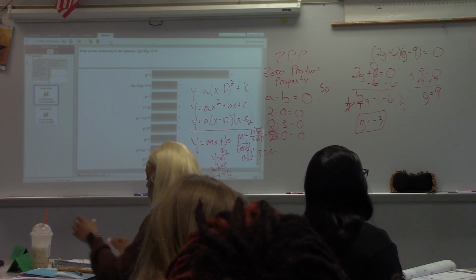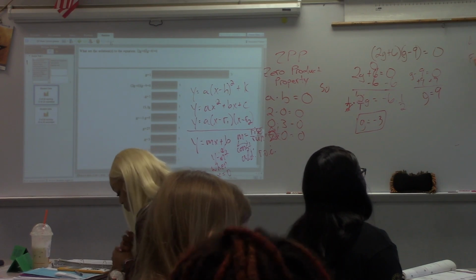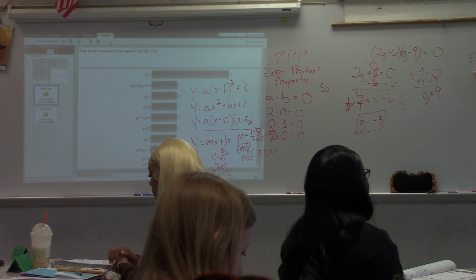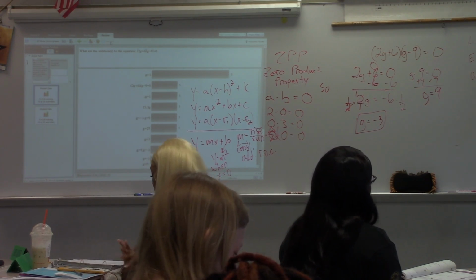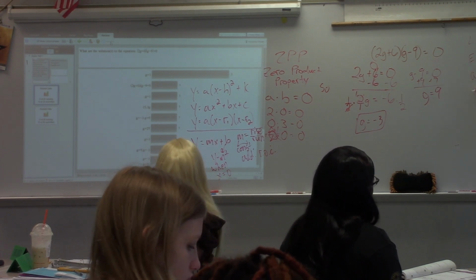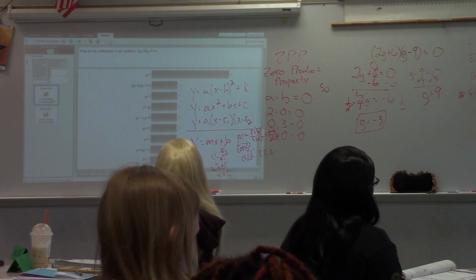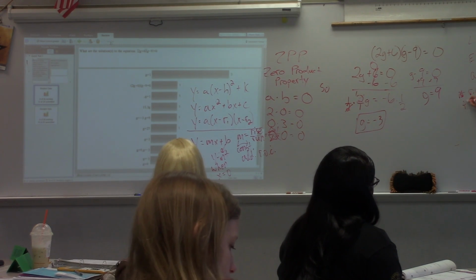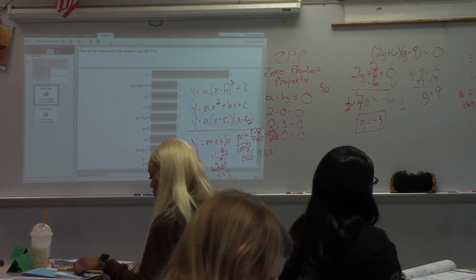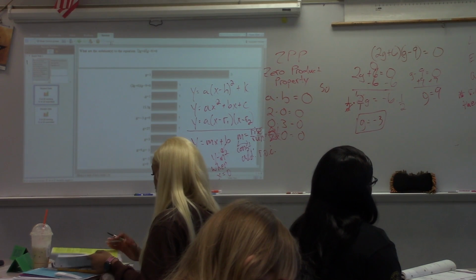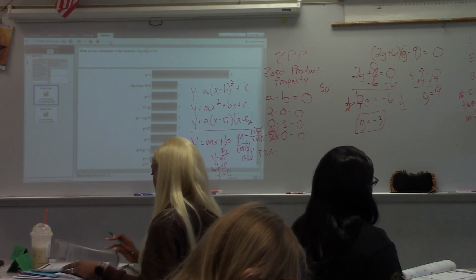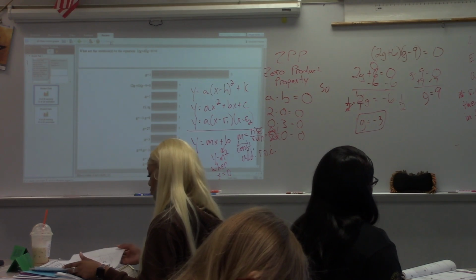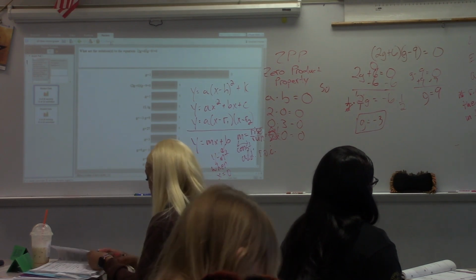You gotta know linear, you gotta know exponential, and you gotta know quadratic functions. You gotta know their rates of change, how they appear in tables, which would be based on their rates of change. You gotta know the equations, and you gotta know their graphs.